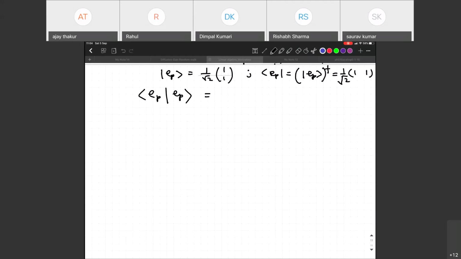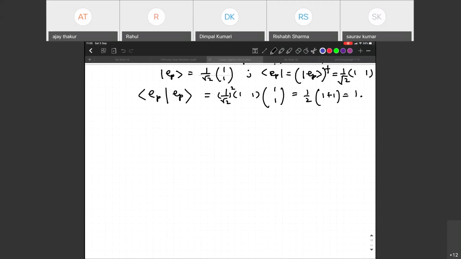I hope everyone understands this symbol dagger, which is transpose conjugate. If there were imaginary numbers involved here, say if it was 1 plus i, that would have become 1 minus i, and then we would have taken a transpose. So dagger is basically transpose conjugate. In this case, E_P dagger E_P is 1 over root 2 times (1, 1) times 1 over root 2 times (1, 1). The 1 over root 2 squared is 1 over 2, and 1 plus 1 is 2, which gives 1.